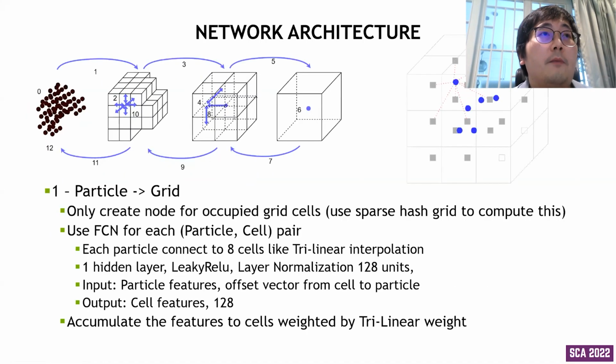Then we perform a computation from particle to grid, and each particle is linked to the 8 cells that have a non-zero trilinear interpolation weight. We pass the feature through a fully connected network, and then accumulate the feature, weighted by the trilinear interpolation weight, to the cell.